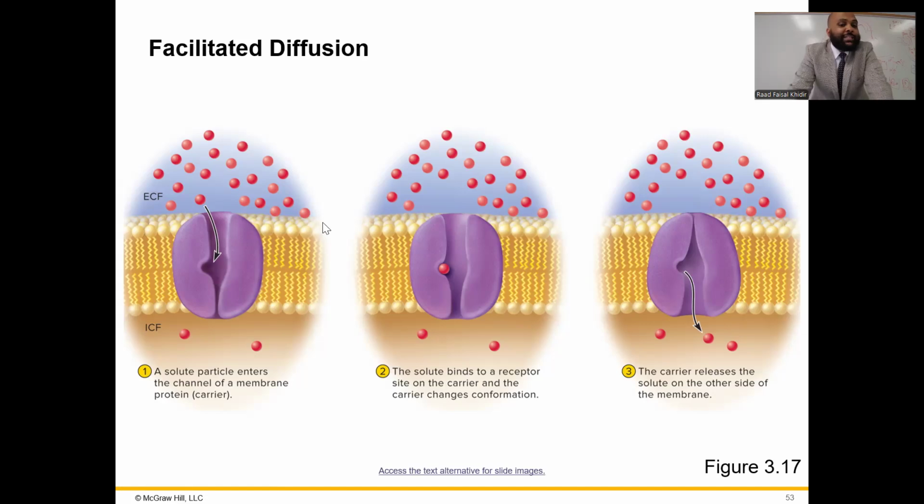If all you need is a gradient, and the gradient is right there, a lot of red outside, a little bit of red inside, why do I need the purple carrier? Why can't they just move in? Give me a complete sentence. Describe to me, don't just tell me because it's hydrophilic.